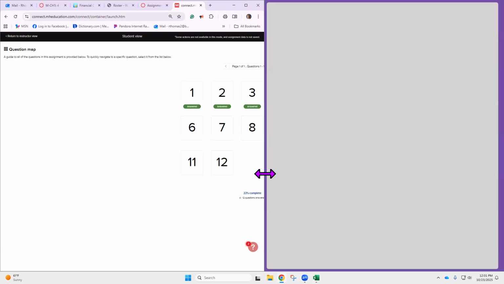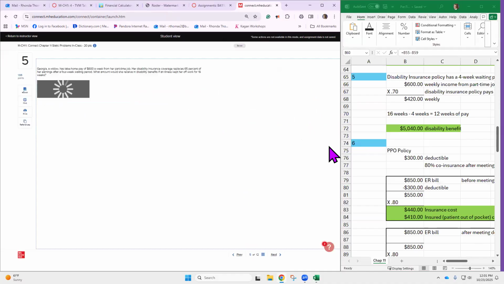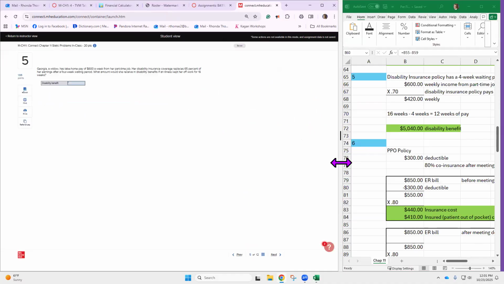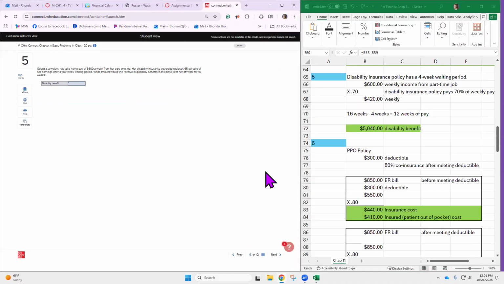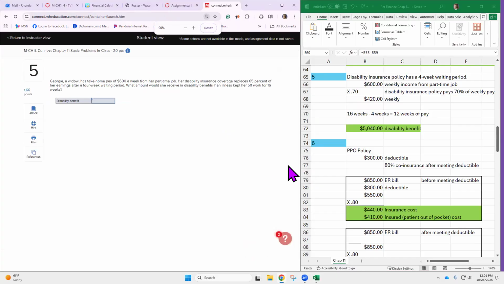Number 5, this is about disability insurance. If you can't work, if you can't do your job, you can have some insurance that will get you by for a little while to see if you're gonna have a permanent disability.